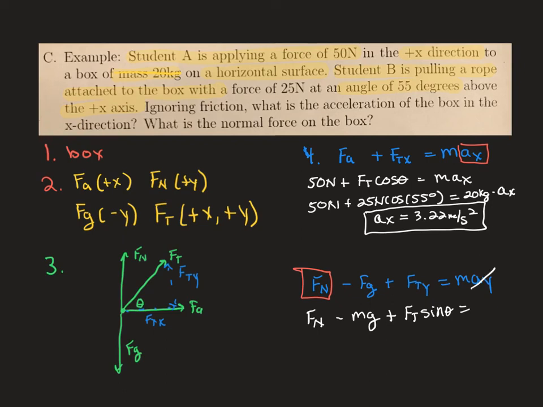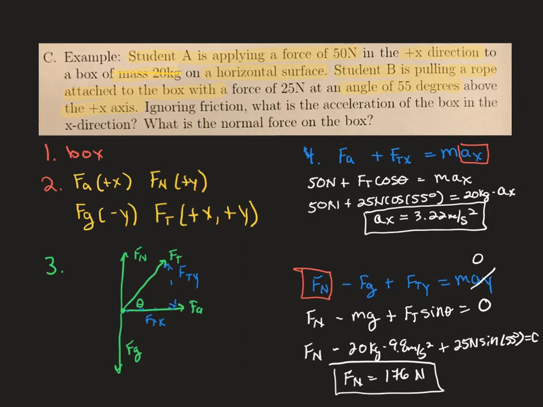So our acceleration in the y is going to be 0. So I can sub in 20 kilograms times 9.8 meters per second squared. Remember, we already took care of the minus sign by making the force negative. And then we have 25 newtons times the sine of 55 degrees, and that's going to sum to 0. So my force normal is going to equal 176 newtons.